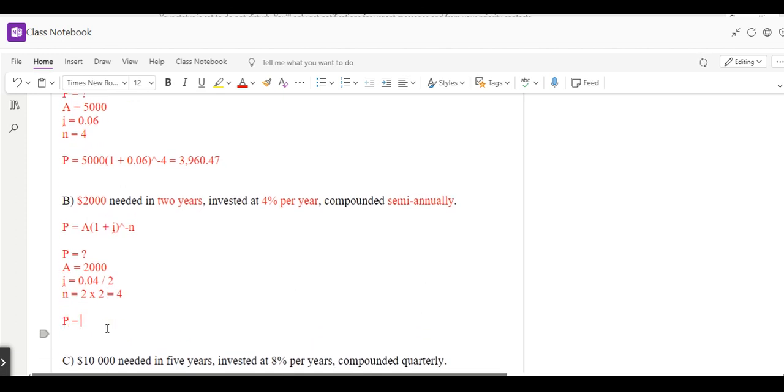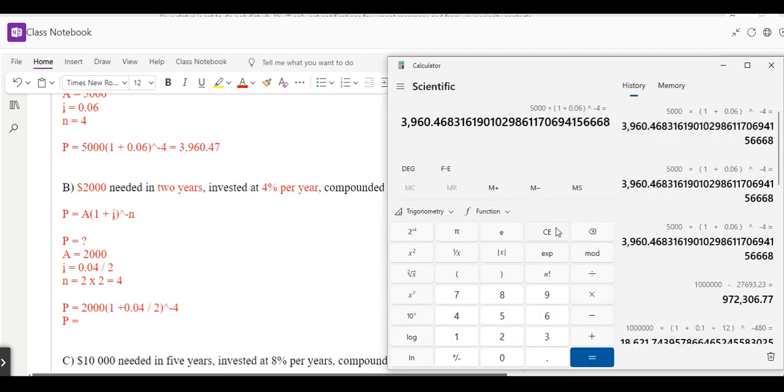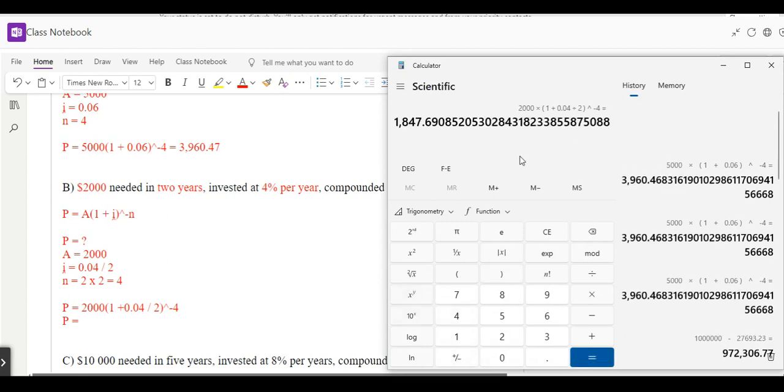And so P will be equal to our A value, 2,000, times 1 plus I, which is going to be this 0.04, divided by 2 to the power of negative 4. And so on our calculator here, 2,000 times 1 plus 0.04 divided by 2 to the power of negative 4.